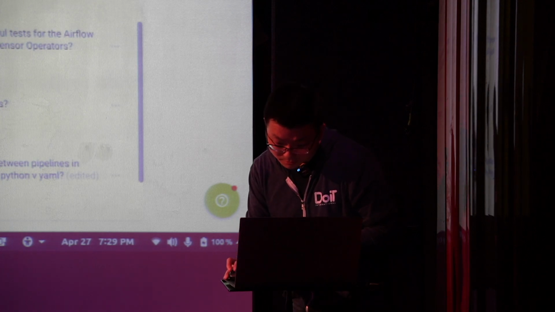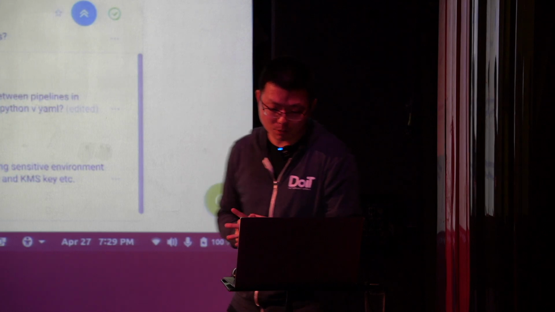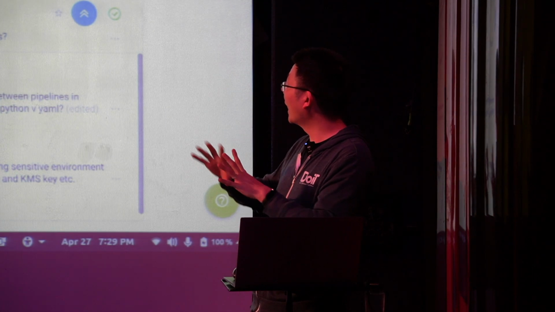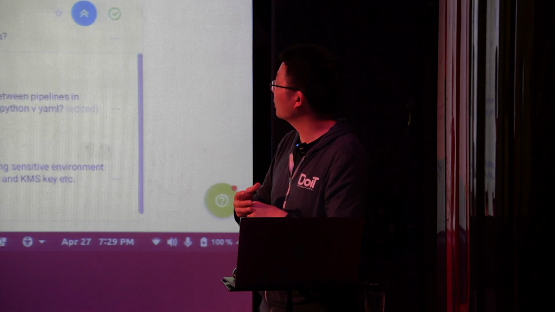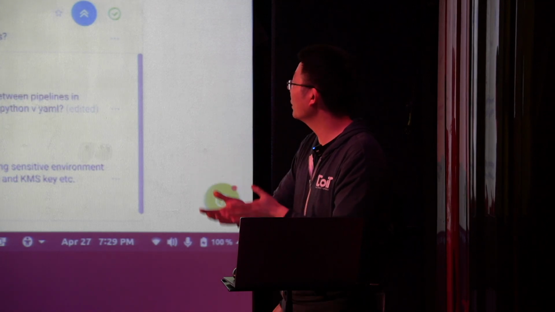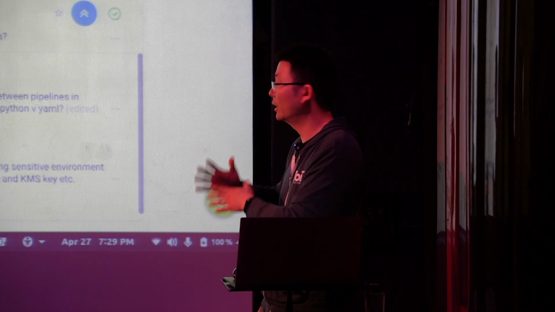So next one. Any chance the end-to-end test code can be modularized and reused? Yes, because it's Python, you can pretty much just have a utility function. In my previous project, I had all these common functions put in there, such as uploading to a bucket, creating a table, deleting a table, or deleting the data within the table.